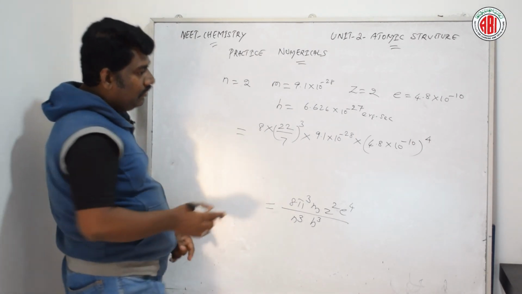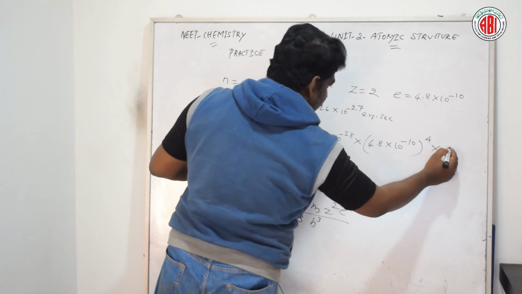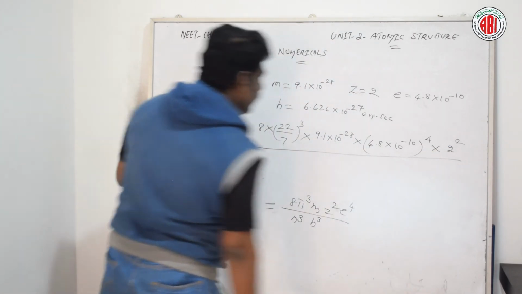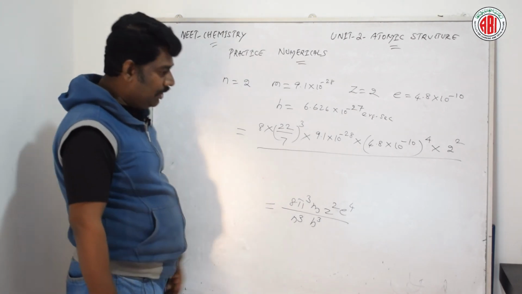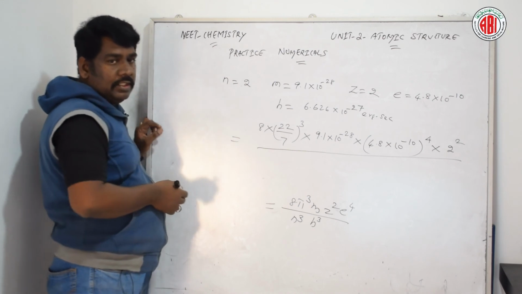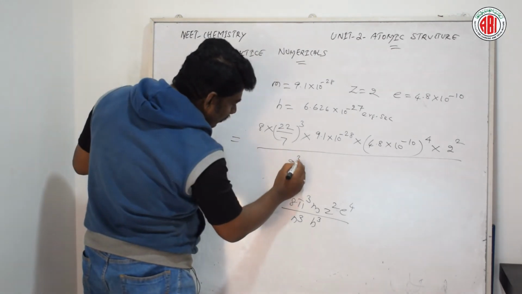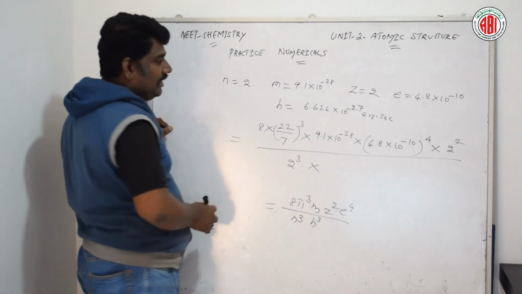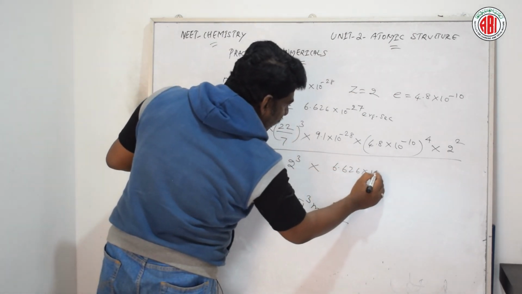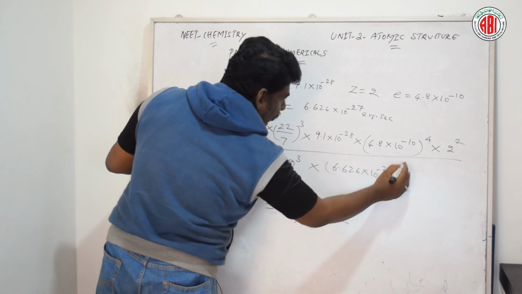Into z square, that is 2 square, divided by n cube and h cube. N cube, with n value 2, means 2 cube, into h cube, where h stands for Planck's constant, 6.626 into 10 to the power of minus 27, cube.